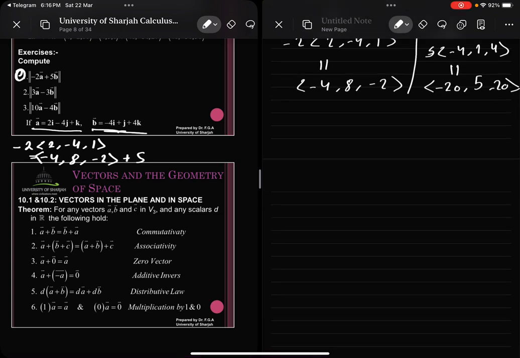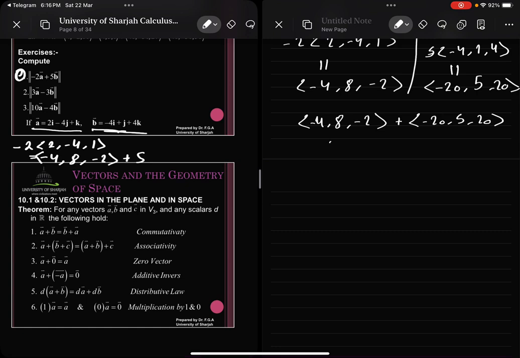And then we compute the magnitude of it. So it will be (negative 4, 8, negative 2) plus (negative 20, 5, 20).